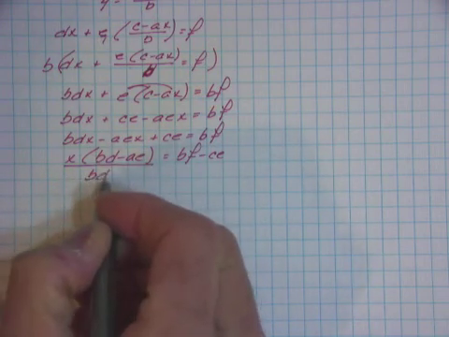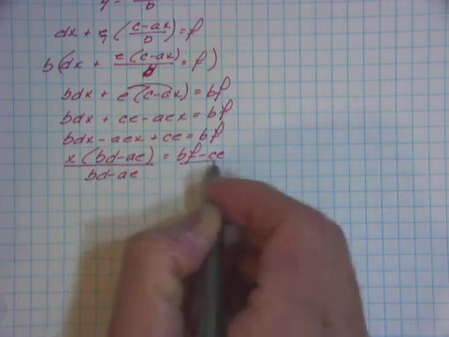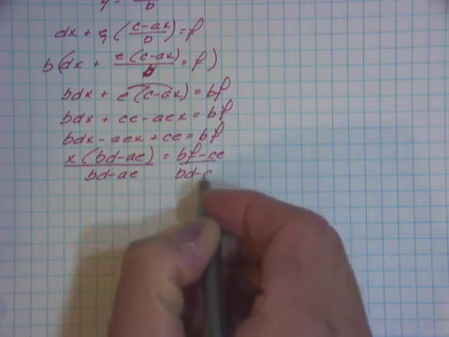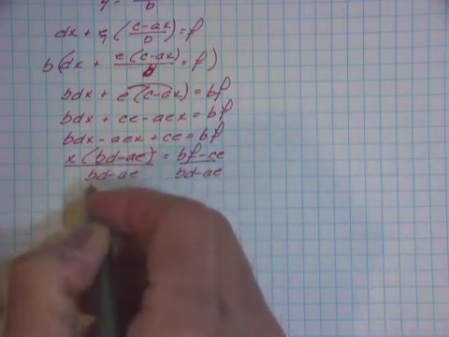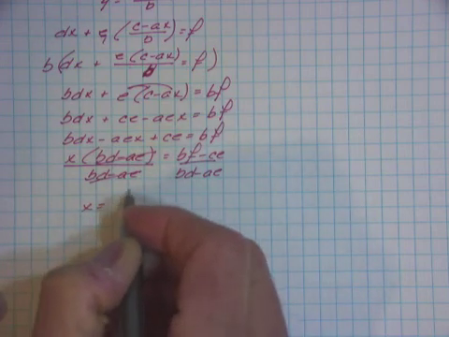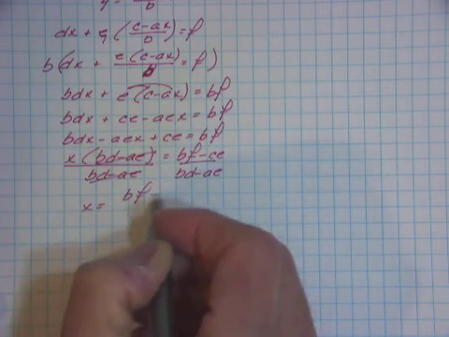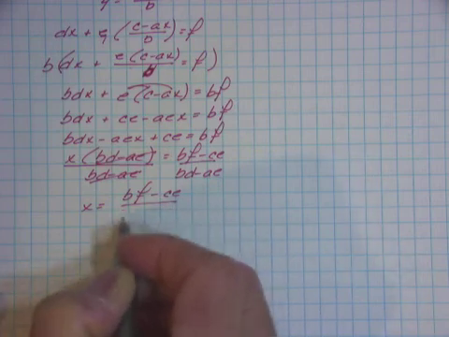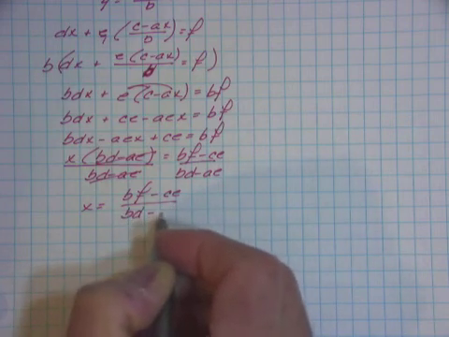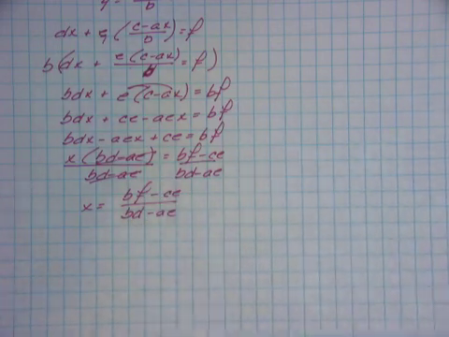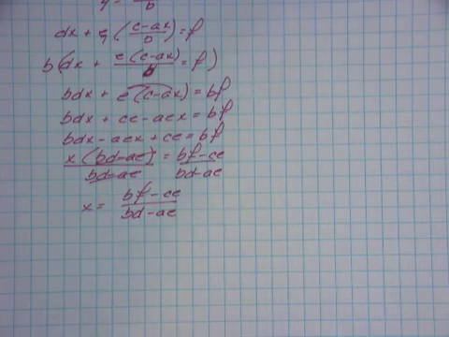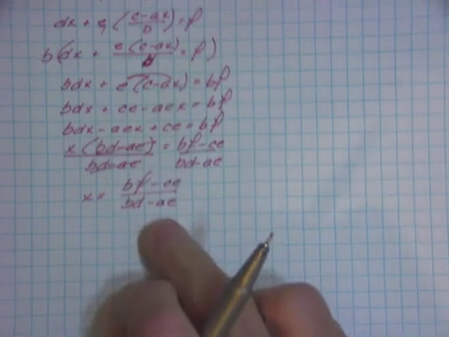Now what I want to do is isolate the x. To do that, divide both sides by bd minus ae. That cancels with that, and x equals bf minus ce over bd minus ae.